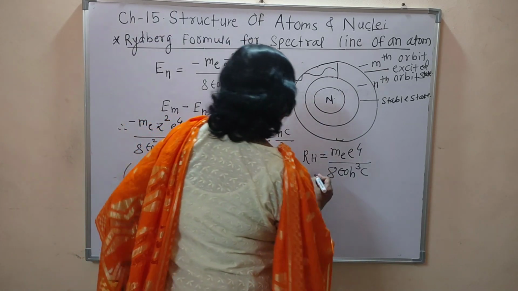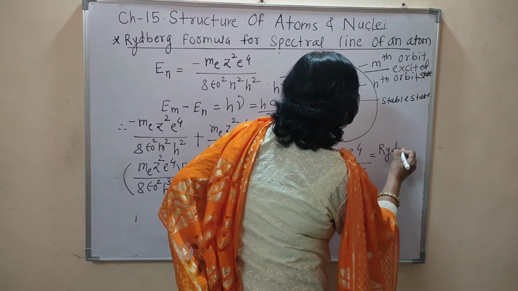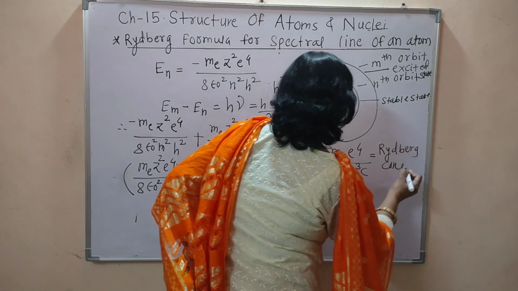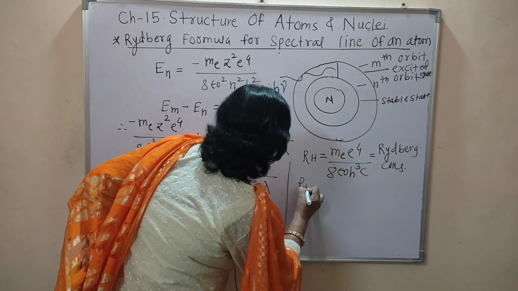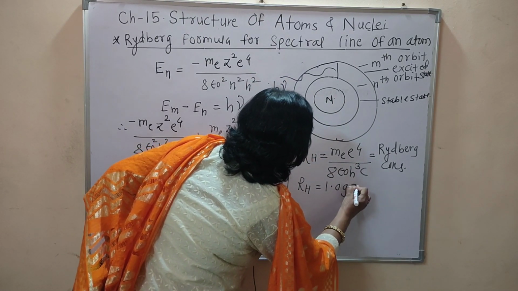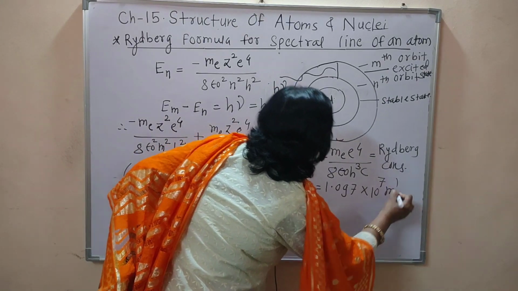This constant is called the Rydberg constant. Its value, the value of RH, is equal to 1.097 into 10 raised to 7 meter inverse.